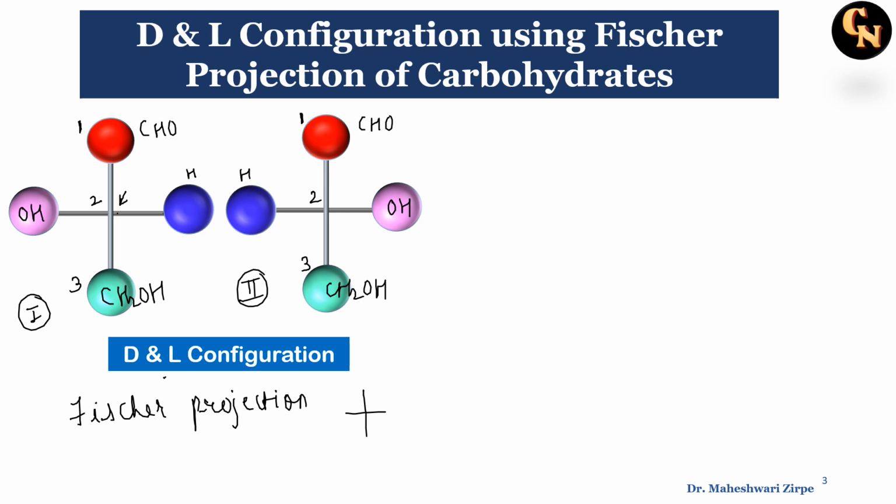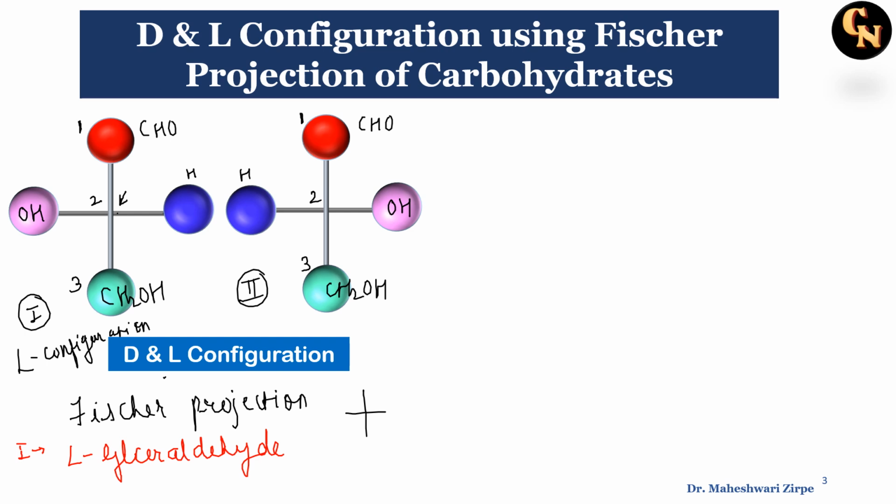So here in the first structure OH is on the left hand side, which indicates that the first structure is the L configuration of glyceraldehyde. So the first structure will be labeled as L-glyceraldehyde.